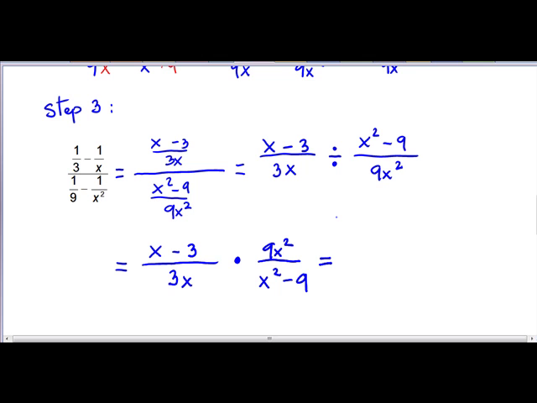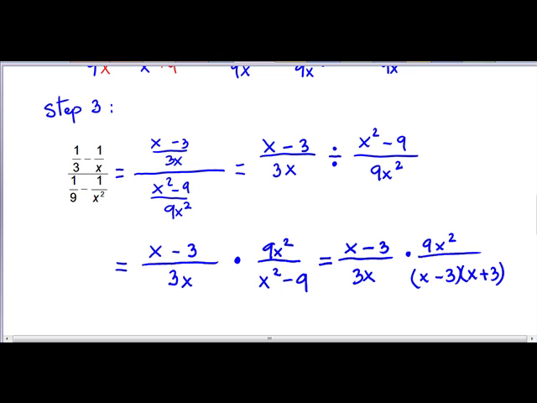So now I'm going to factor this denominator. I have x minus 3 times x plus 3. Now how did I do it so fast?